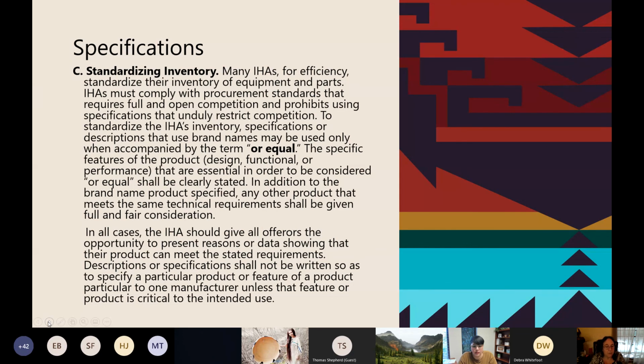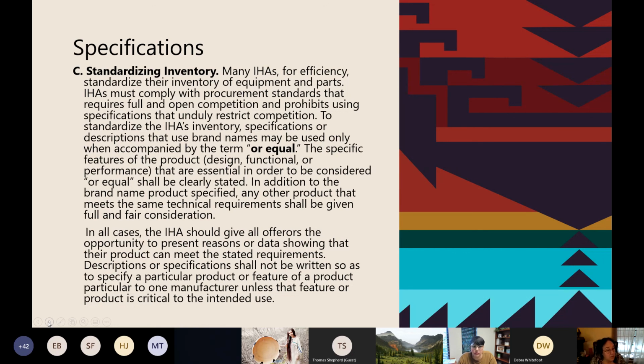You have to comply with procurement standards that require full and open competition and prohibit using specifications that unduly restrict that competition. To standardize your inventory, specifications or descriptions that use brand names may be used only when accompanied, like I said before, by the term "or equal."